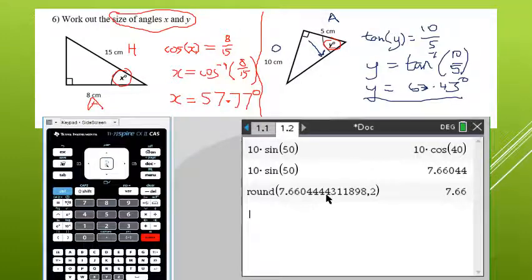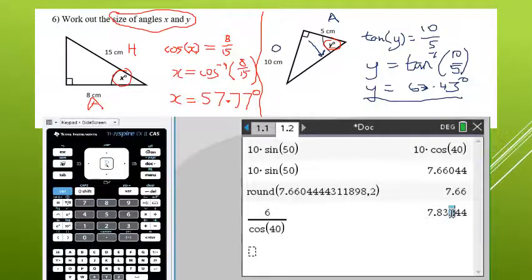Okay, so the next one we had to do was finding y, and we end up with 6 divided by cos of 40, so the best way to put that on your calculator is go control divide. So 6 on top, go to the box down below and go trig and cos of 40 degrees, so 40, and I'll go control enter here, and it'll give me the decimal straight up. And we said the answer to 2 decimal places was 7.83, because if you look at the next digit it's less than 5, so we don't round that number up.